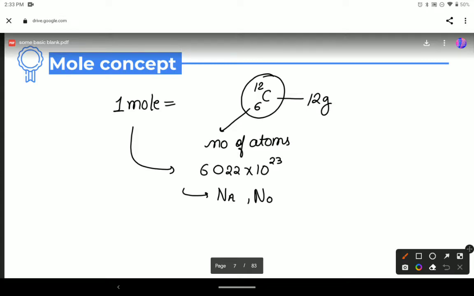See, one mole is nothing but Avogadro number of atoms. See here, 6.022 into 10 to the power 23, which is nothing but Avogadro number, denoted as Na.